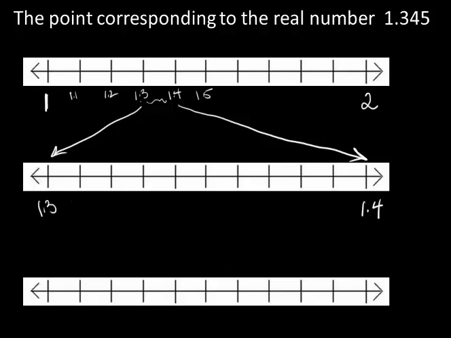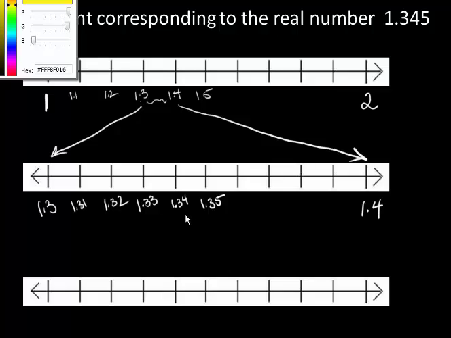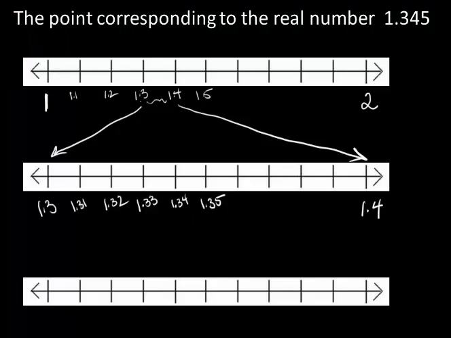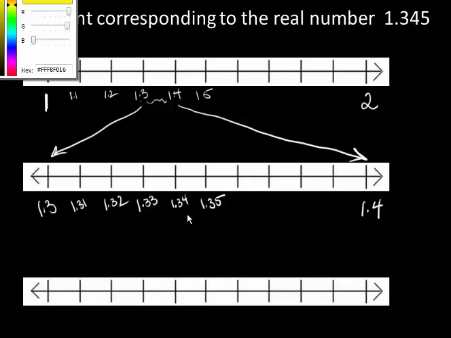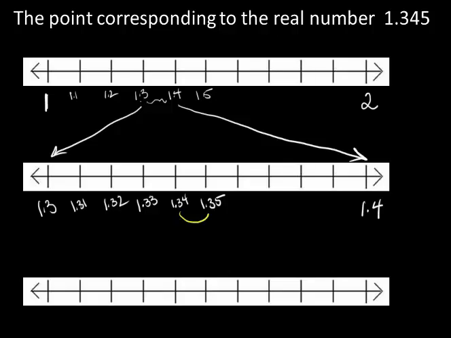And so we have 1.31, 1.32, 1.33, etc., 1.34, and 1.35. Well, I can see that my number 1.345 lies between these two numbers, 1.34 and 1.35.